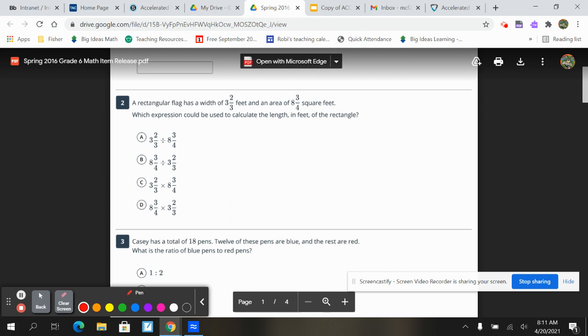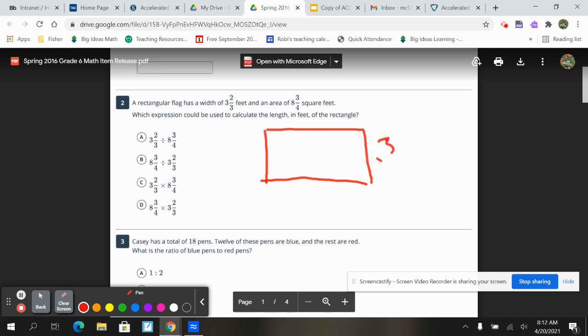Come on. This is lesson 1.5. This is in chapter 5 as well, the end of chapter 5. What do they give you? They give you the width and the area. What do we say? Draw a picture if you need to.